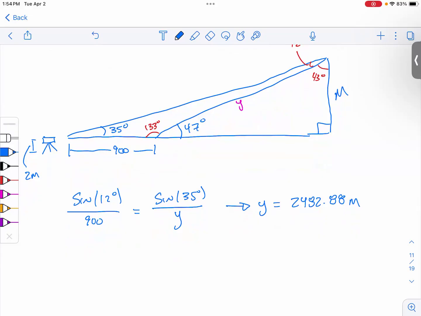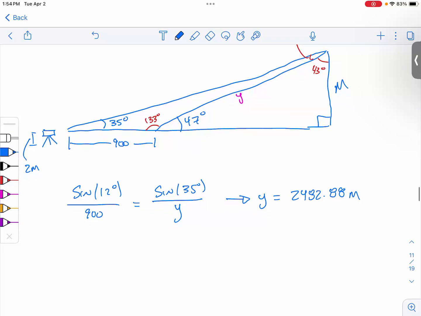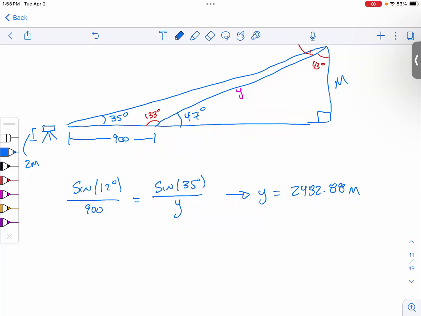That gives us that. Now I have a side on my triangle that really matters with the mountain on it, and I don't need to use law of sines. I could just use normal trigonometric functions because I have a right triangle again. What relates m and, let's call it, 47 degrees? What trigonometric function? Sine, our favorite one.